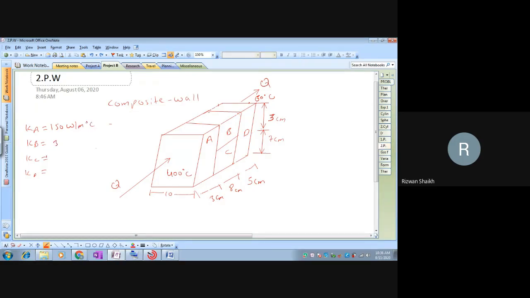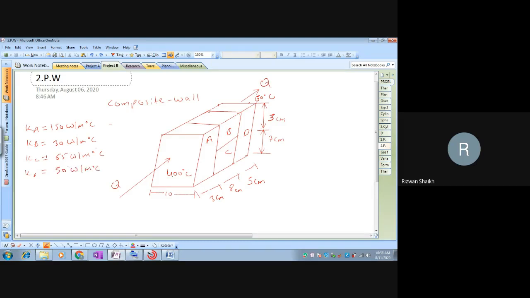Kb is 30 watt per meter degree Celsius. Kc is 65 watt per meter degree Celsius. And Kd is 50 watt per meter degree Celsius.